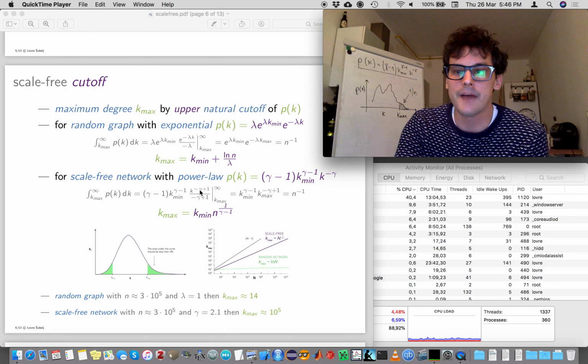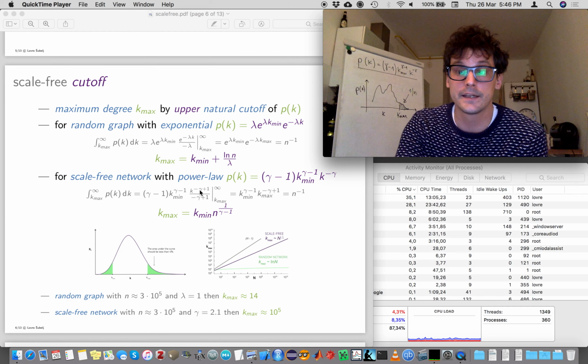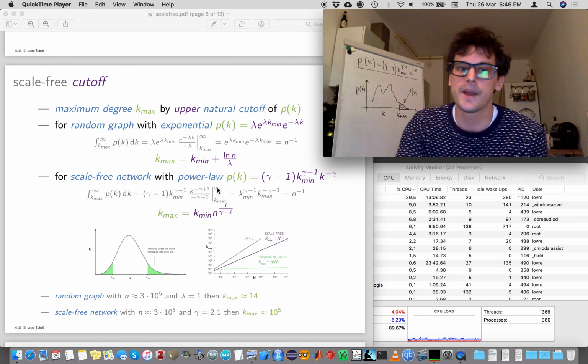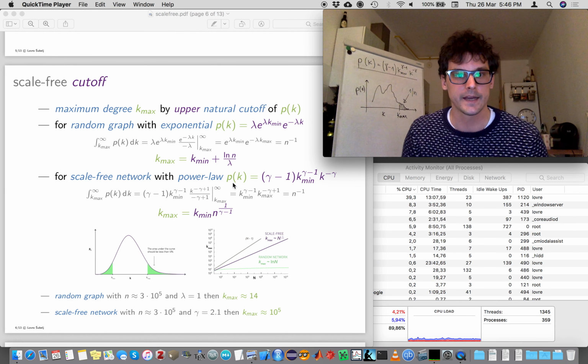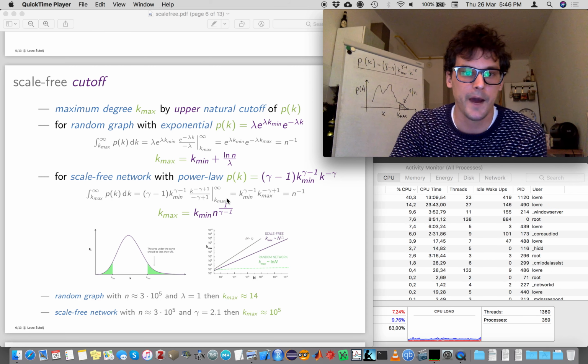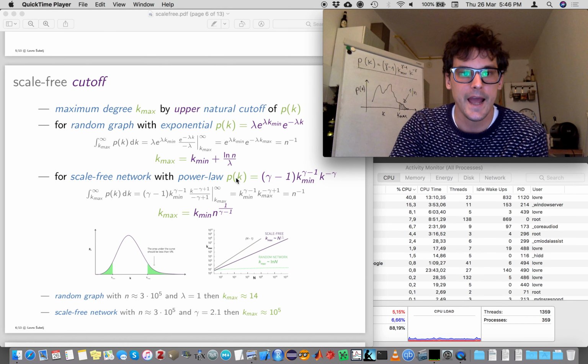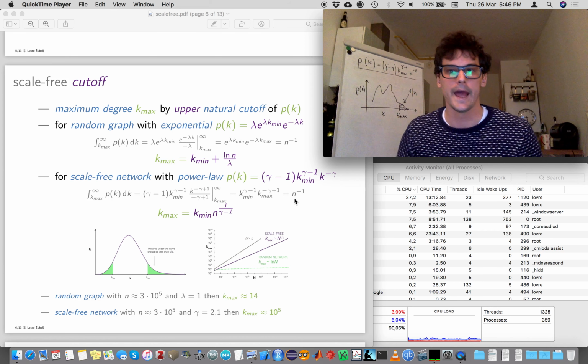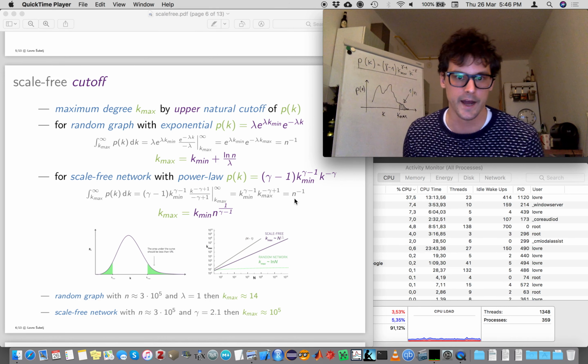Since gamma has to be strictly larger than 1, this term is actually downstairs. So when we plug in the infinity, we get 0. So we only have to evaluate it at the lower bound, which is k sub max, and this is the final result that we get, and this has to be equal to n to the power of minus 1.